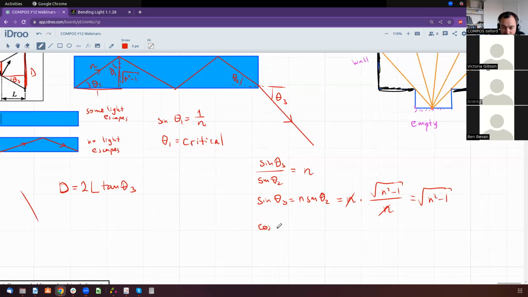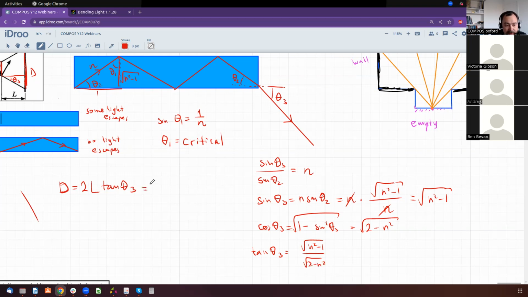Now cos θ3 is the square root of 1 minus sine squared θ3. So that's going to be the square root of 1 minus (n squared minus 1), so the square root of 2 minus n squared. So tan θ3 is equal to the square root of n squared minus 1, over the square root of 2 minus n squared.